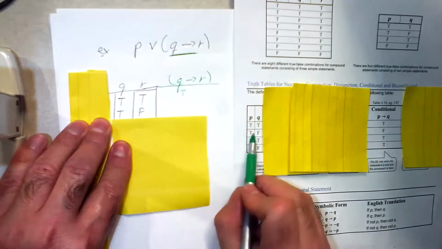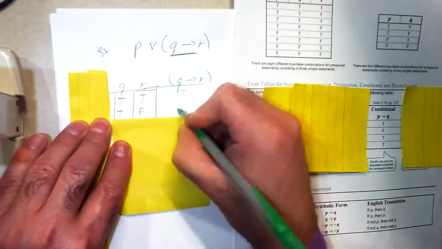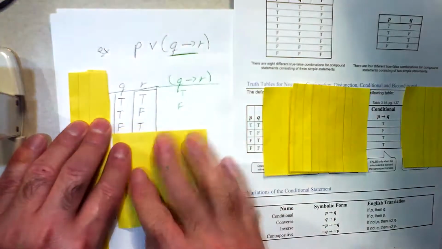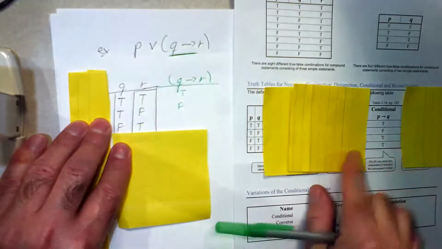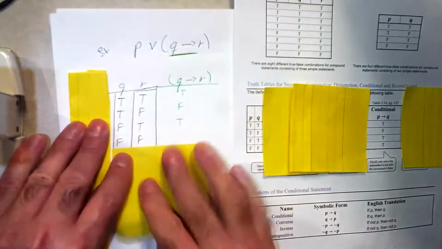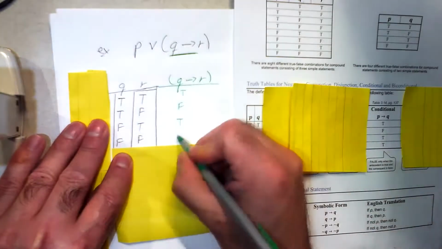TF, on my handout, is F. FT is T. FF is T.